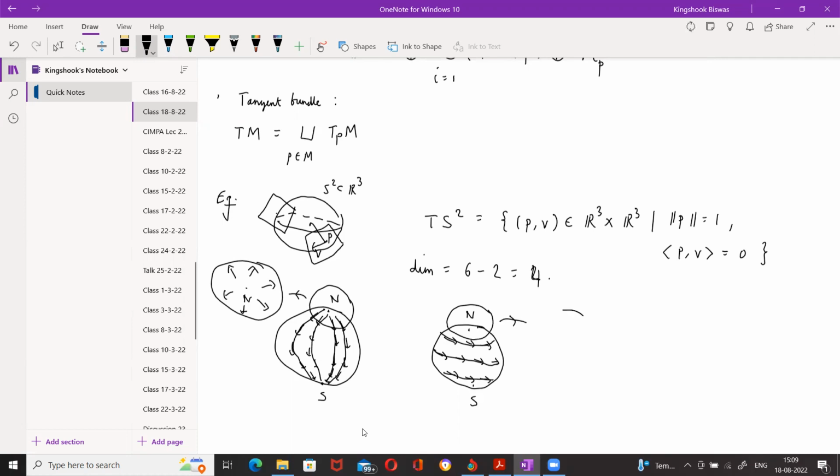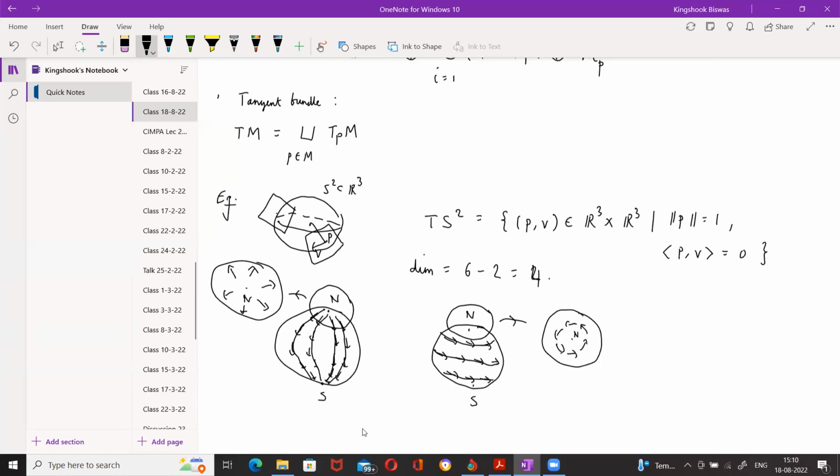And for this one, if I look in the chart, then the vector field you'll see is this vector field rotated by 90 degrees. Okay. And so again, for this to be continuous, the length of these tangent vectors has to go to 0 at the north pole.